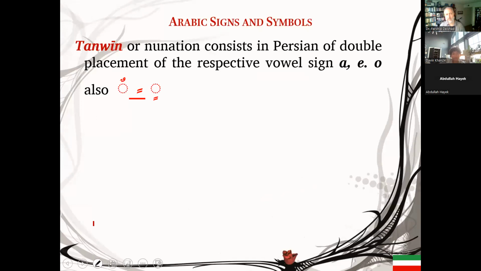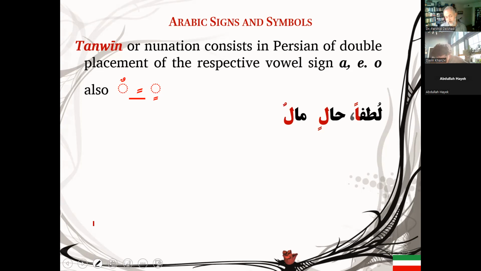Okay. Then comes this quite problematic thing in Arabic script. This is called tanwīn. Tanwīn, in Persian and in Arabic, is a nunation. Why do we call it nunation? Because it has the sound of a nun at the end, right? And in Arabic, it comes with three different significations. You have an, in and on.